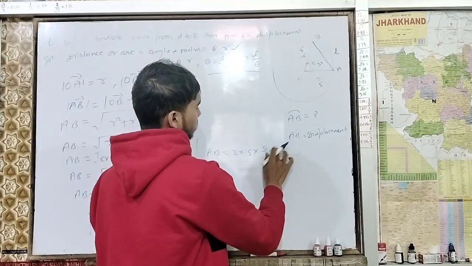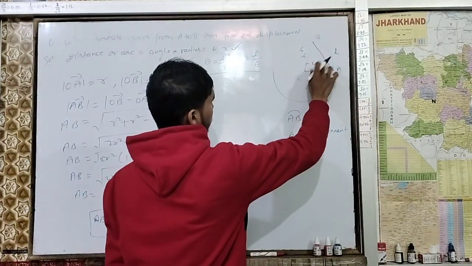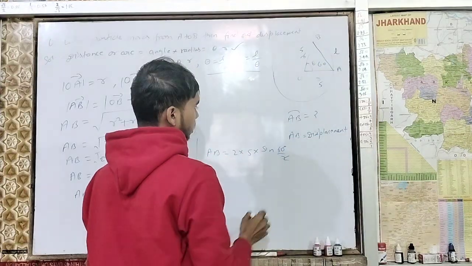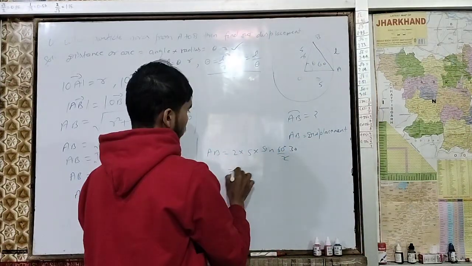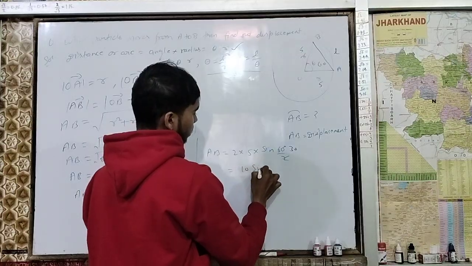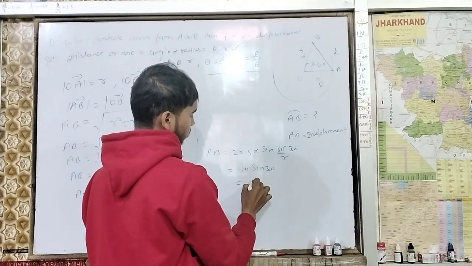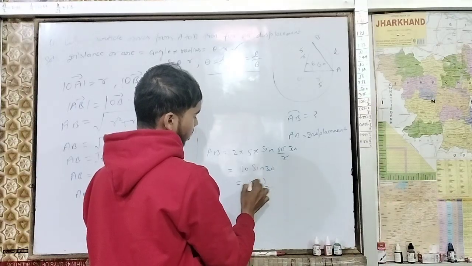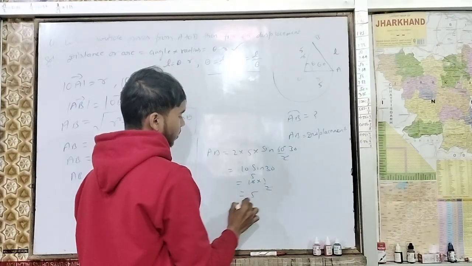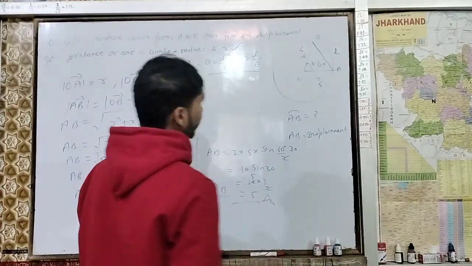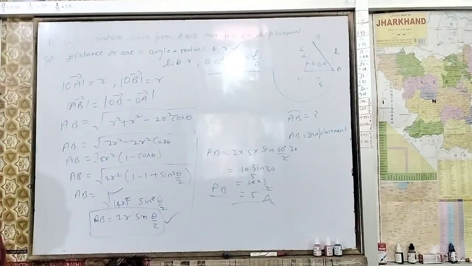So this will become 30. 2 fives are 10. The value of sin 30 will be 1 upon 2. So finally we got 5. 5 is the displacement of AB.